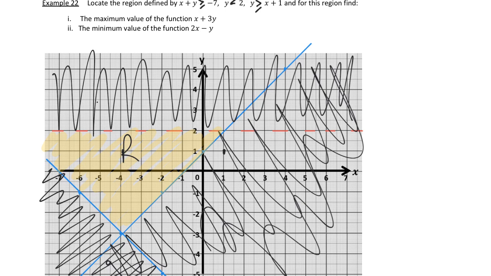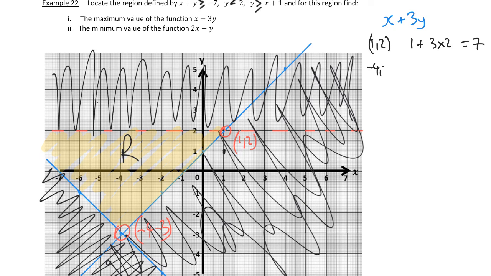Now we need to see about minimizing the region and maximizing it. So the first one is x plus 3y, and we want to find the biggest value of it. So what we do is we look at the coordinates of the corners, the vertices. So this is the point (1, 2), and this is the point (-4, -3). If we substitute those into x plus 3y, at (1, 2), we get 1 plus 3 times 2, which is 7.